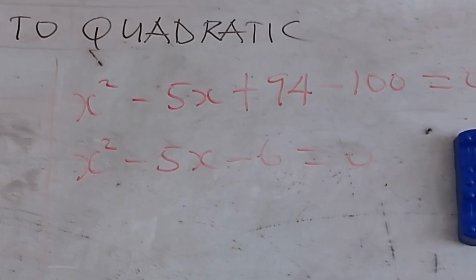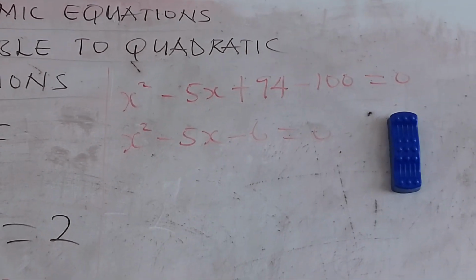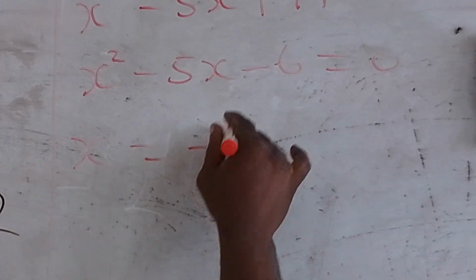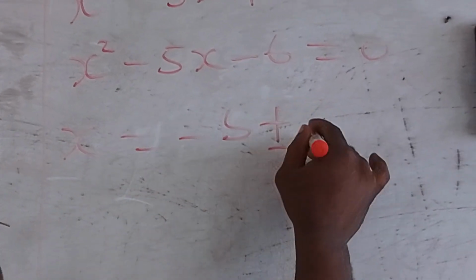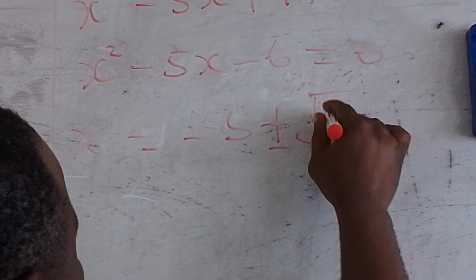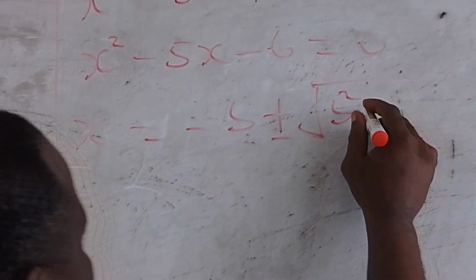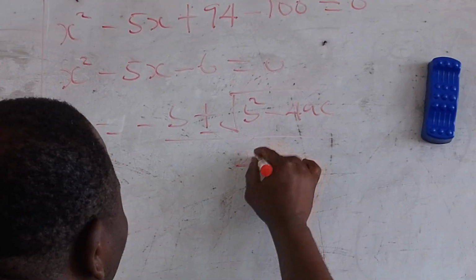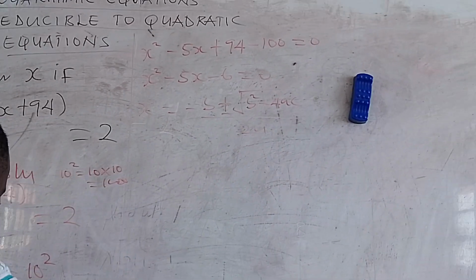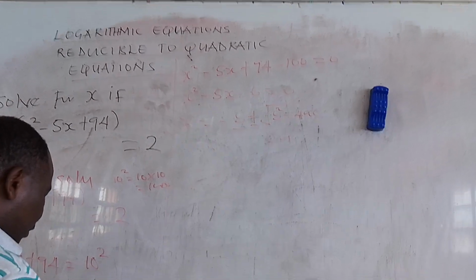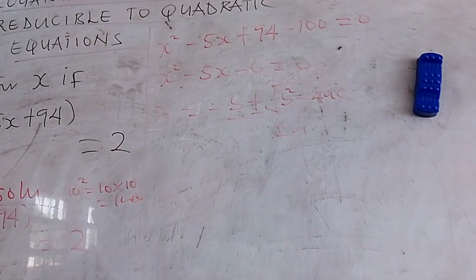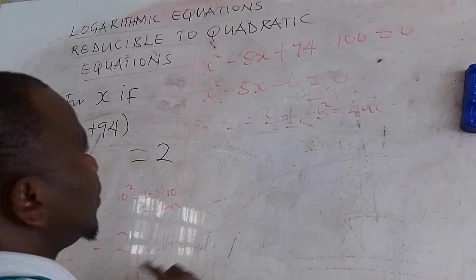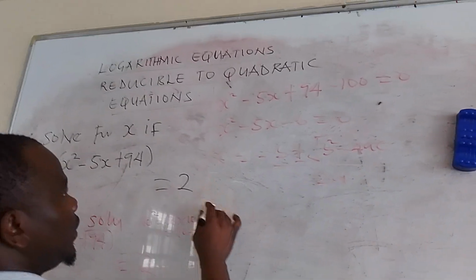So let us use the formula method. The formula method is given as x is equal to minus b plus or minus the square root of b squared minus 4ac, all over 2a. Do you agree with me? If you agree, let us equate this equation to this.